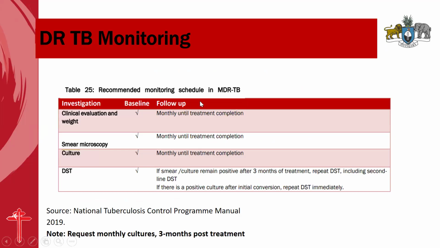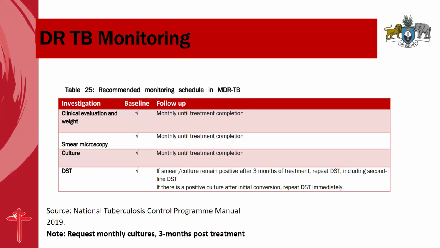These are the recommended monitoring schedules in MDR-TB. We have the investigation, the baseline and the follow-up: the clinical evaluation and the weight, and the smear microscopy, with the culture and the DST.